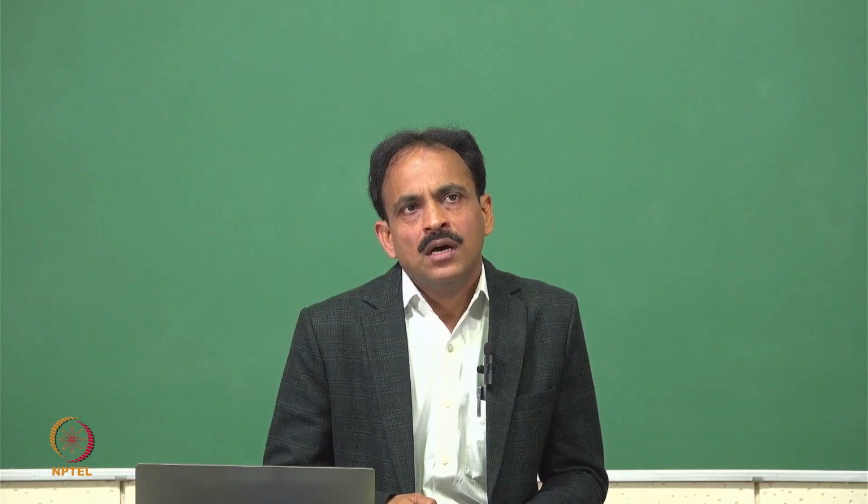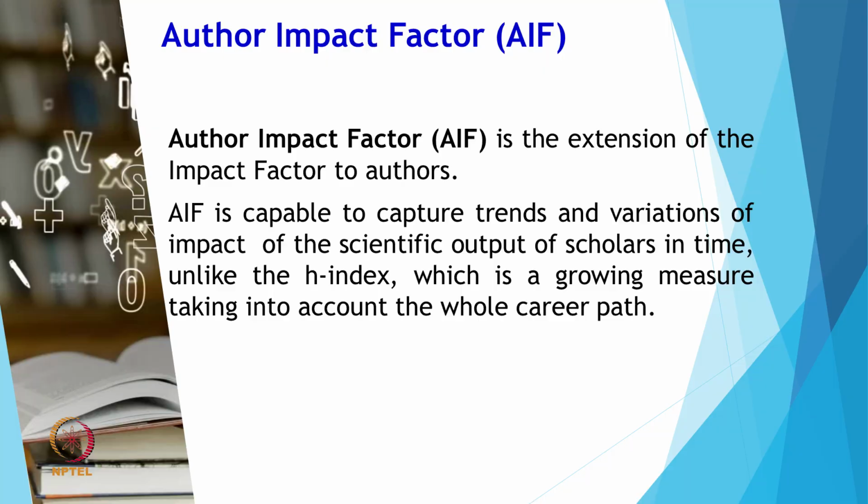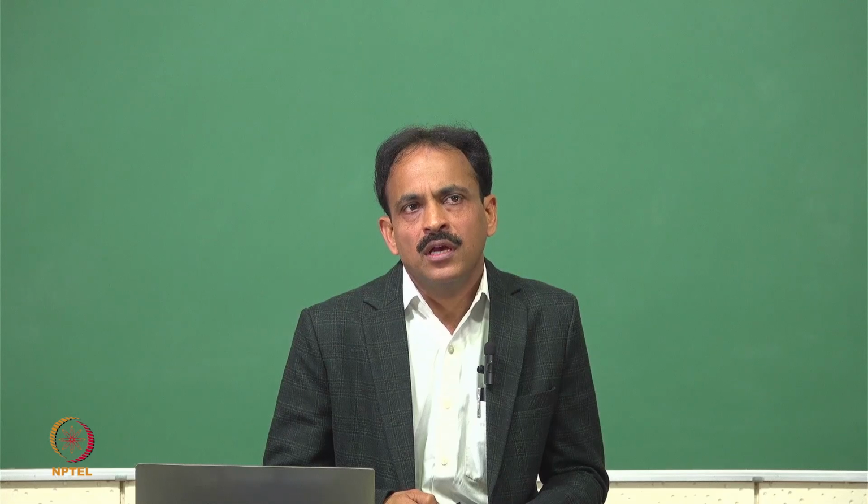Now, what is author impact factor? Author impact factor is the extension of impact factor to the authors. It is capable of capturing trends and variations of the impact of the scientific output of scholars over time. So how is it calculated?